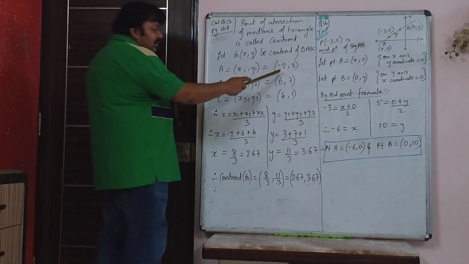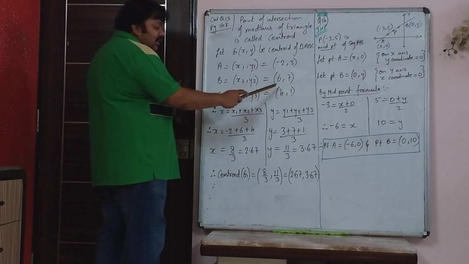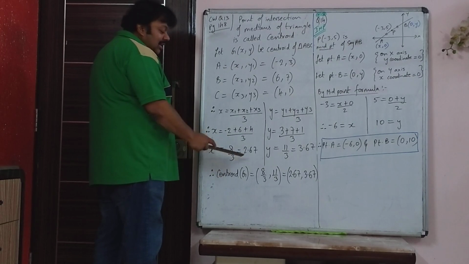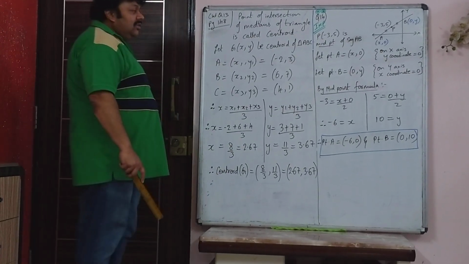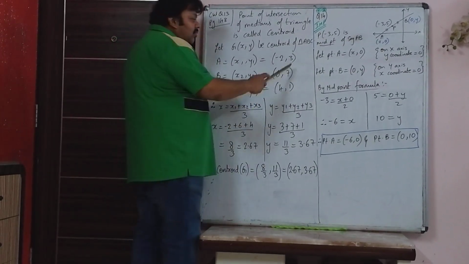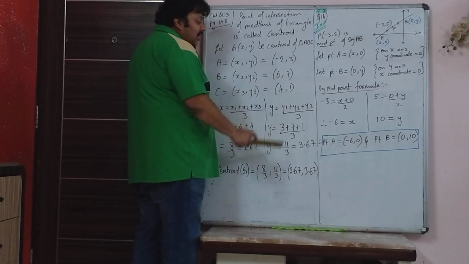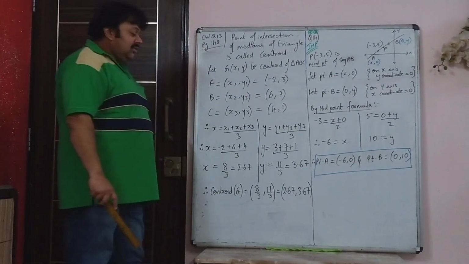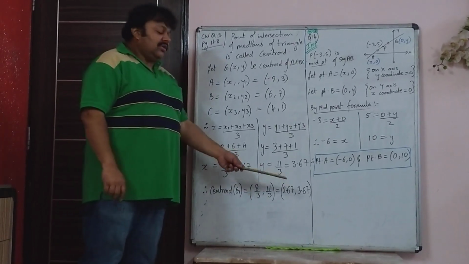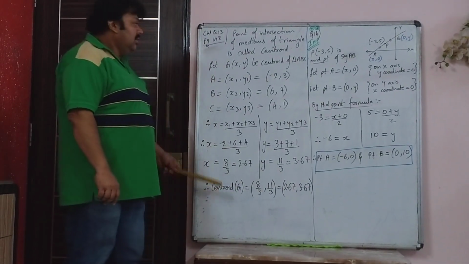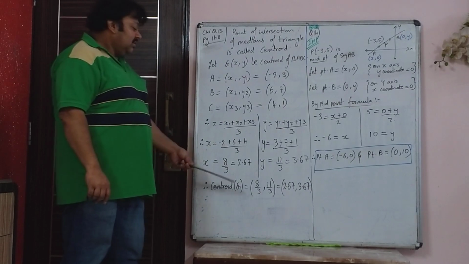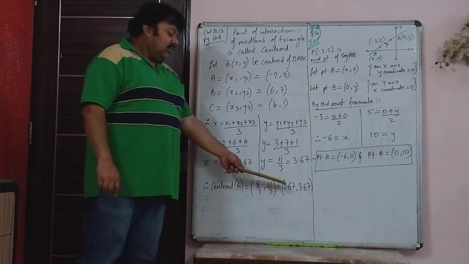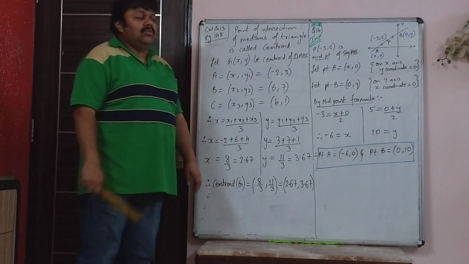So you have minus 2 plus 6 plus 4, that is 8 by 3 or 2.67, and y you will have 3 plus 7 plus 1, that is 11 upon 3 or 3.67. So 2.67 and 3.67 are the coordinates of the centroid. So write it both in fractions and in decimals.